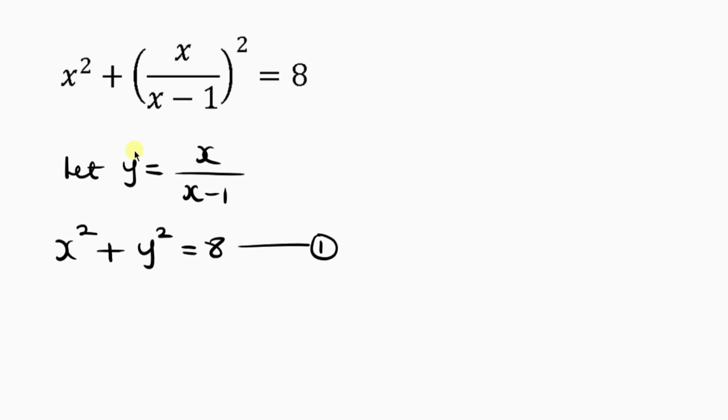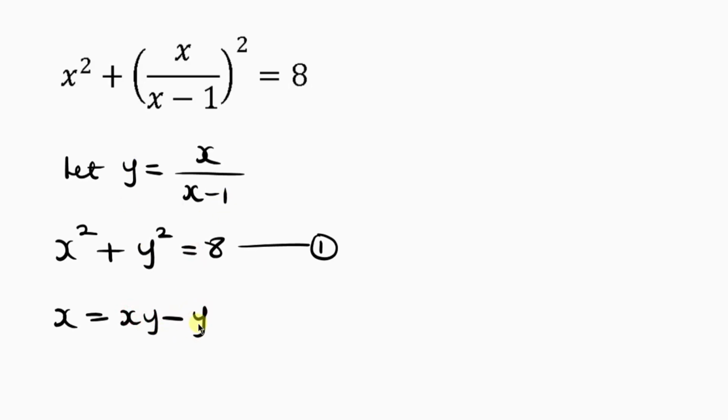And now I'm going to be paying attention to what I have here. The first thing I'm going to do here is to cross multiply. So when I cross multiply, I'm going to be having x equal to y times (x - 1), which is y times x is xy, minus y times 1 is y.